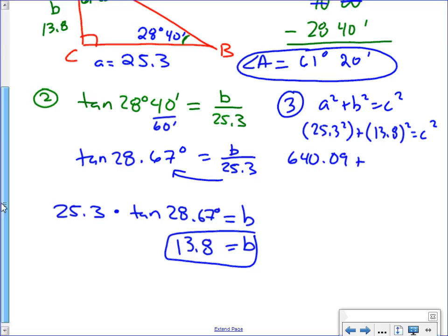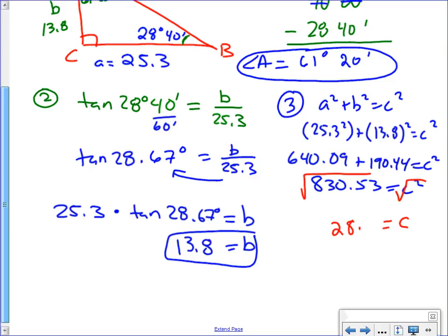Okay, 13.8 squared is 190.44. So adding that together, you get 830.53 is c squared. So square root, 28.8 is c. There's your third piece.